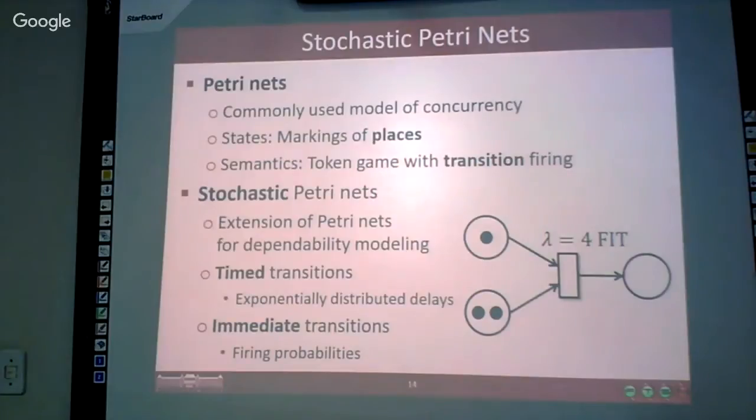Oh, you're my best friend. So Petri nets can be used to describe distributed and concurrent systems, and you can extend them with probabilities. In this case, they are the proper means to analyze stochastic systems.